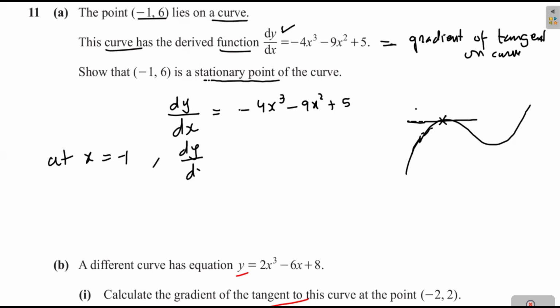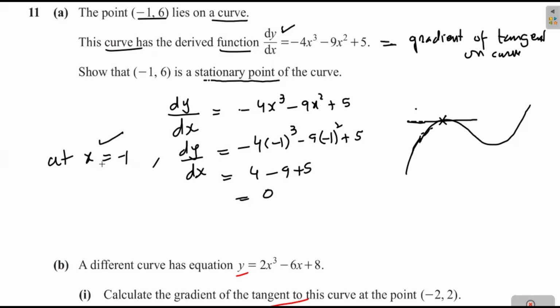We check this value. If we put -1 here, this equation becomes -4 into (-1) cubed minus 9 into (-1) squared plus 5. And this value becomes +4 minus 9 plus 5, which is equal to 0.